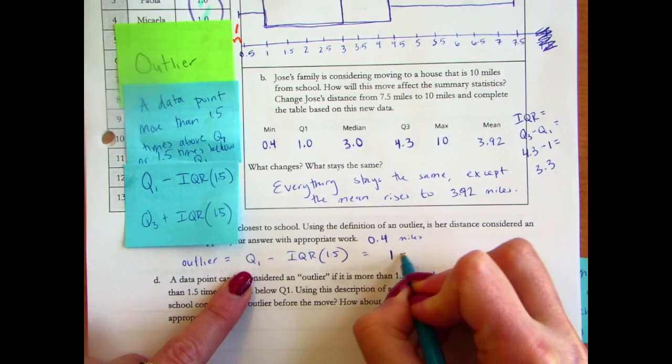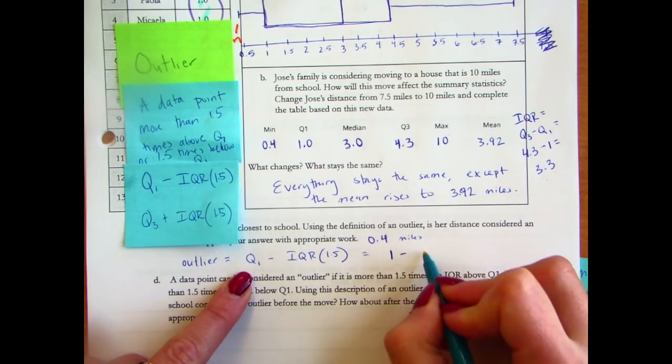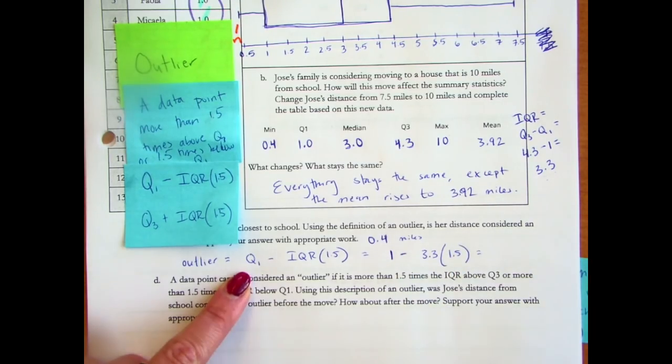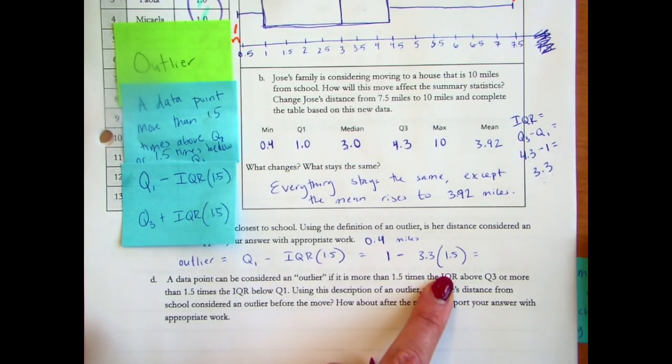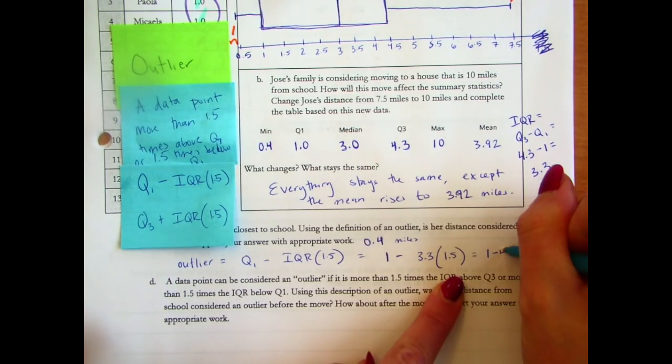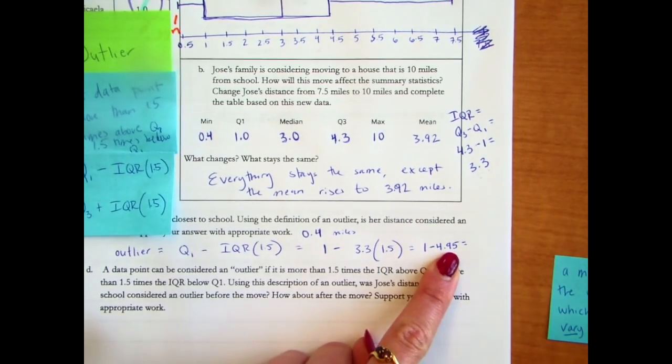So since she is not less than negative 3.95 miles away from school, she is not an outlier.